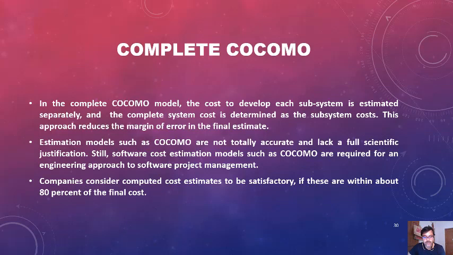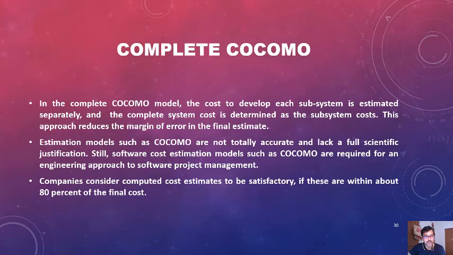Here is a problem. Note it down and calculate. Here it is given the size of the project and the cost drivers. These are the 15 attributes of your project.